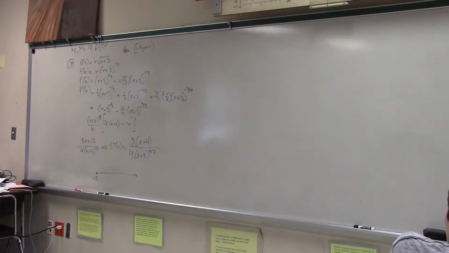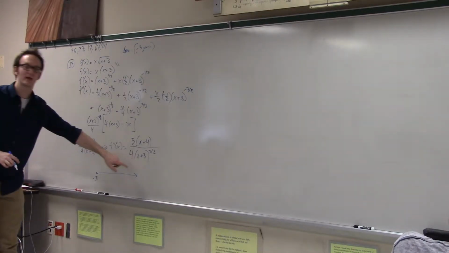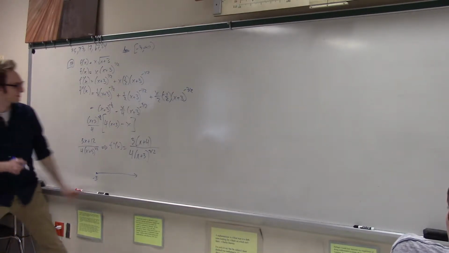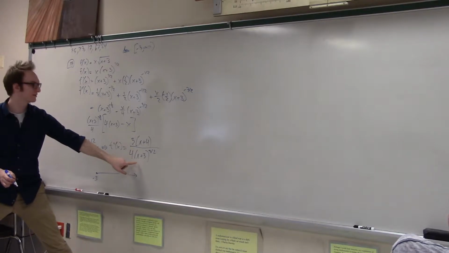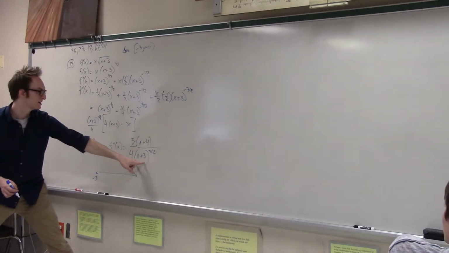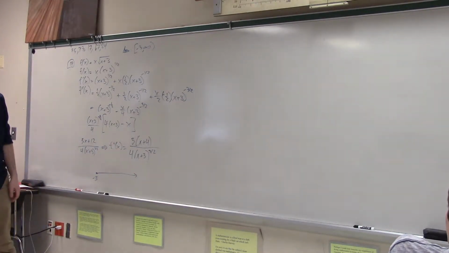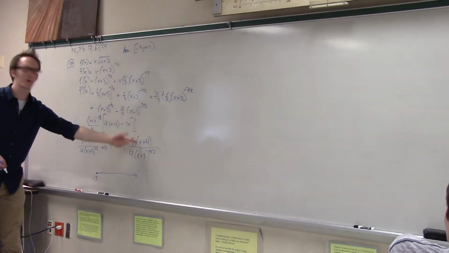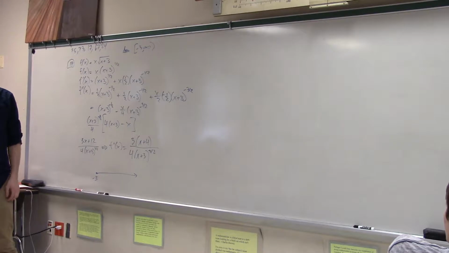So what can I say about the denominator of this function then? Yeah, Samin says it is always positive. Since I'm only allowed to plug in numbers which are bigger than negative 3, that's always going to be positive. You raise something positive to the 3/2, it's still positive. So basically the denominator is always positive. Well, the numerator is also always positive, as long as x is bigger than negative 3.